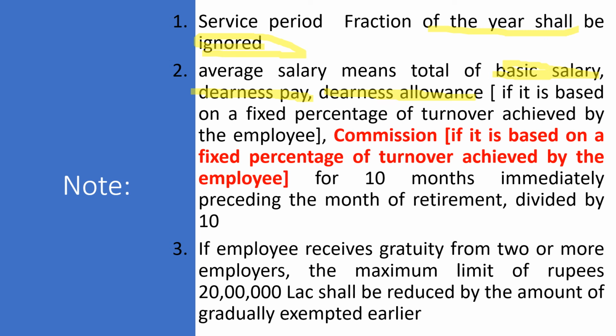Then commission, which is based on a percentage of turnover achieved by him. And the limit is 20 lakh both in the covered and not covered cases, fixed by Section 10, subsection 10 of the Income Tax Act of 1961.